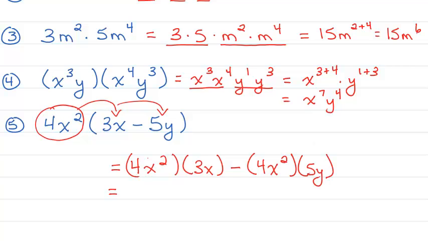Alright, so let's do the work. 4 times 3 times x squared times x minus 4 times 5 times x squared times y.